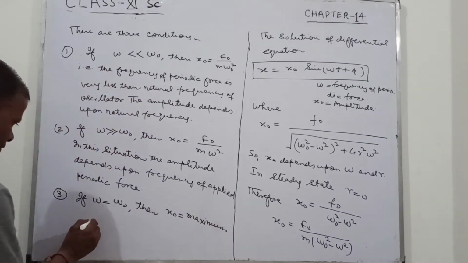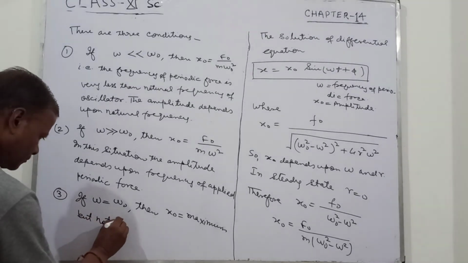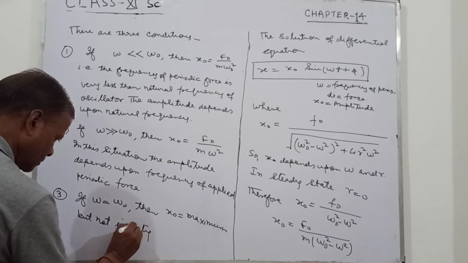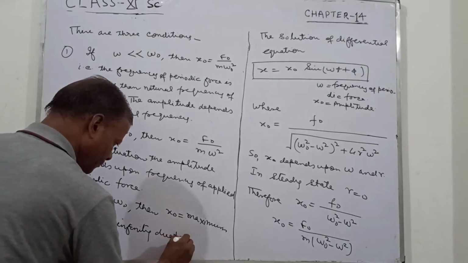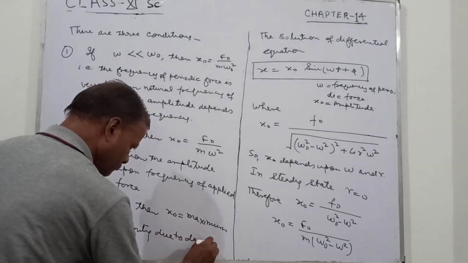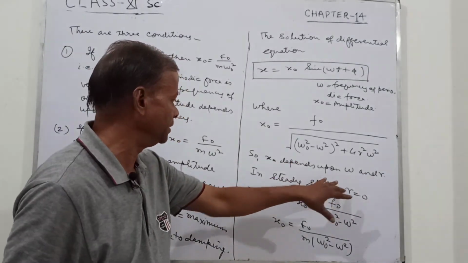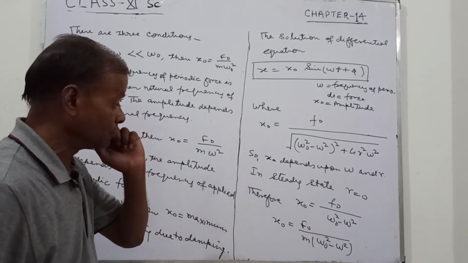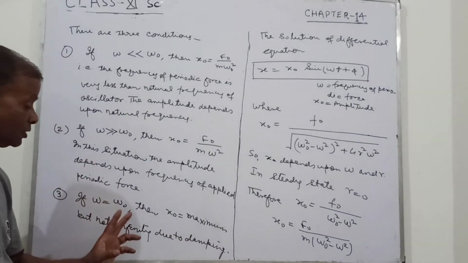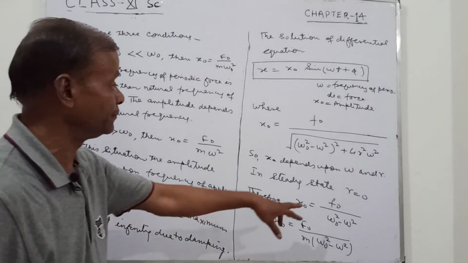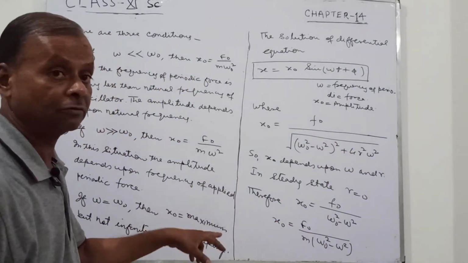Maximum, but not infinity, due to damping, because we have taken this factor to be 0 here in a steady state. So when we apply this condition, x naught will be maximum, no doubt, but it will not be infinity because of this factor. If this is 0, then x naught is equal to infinity.